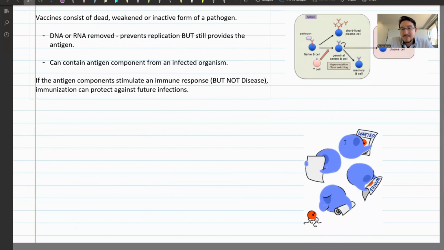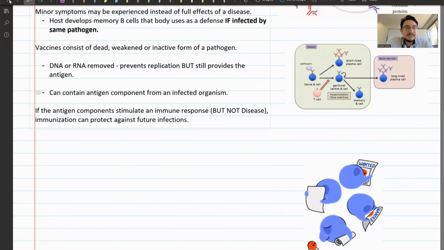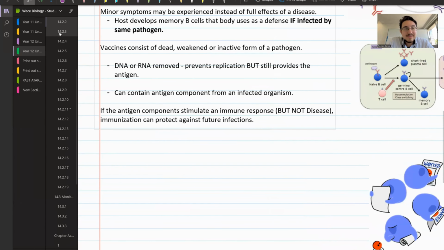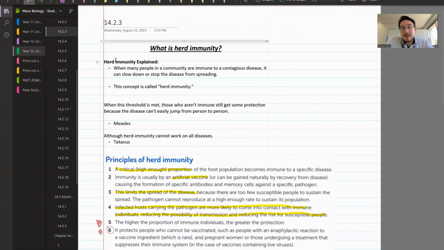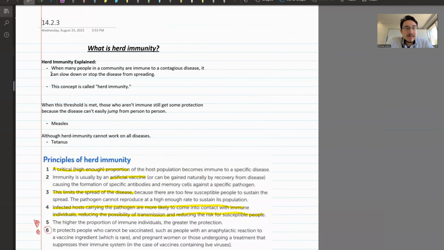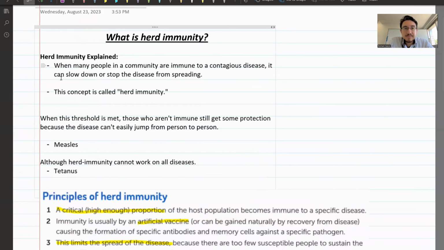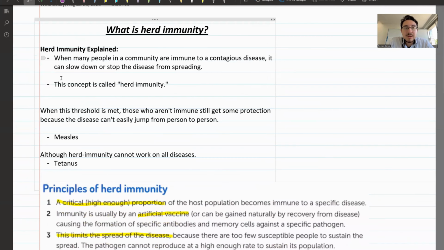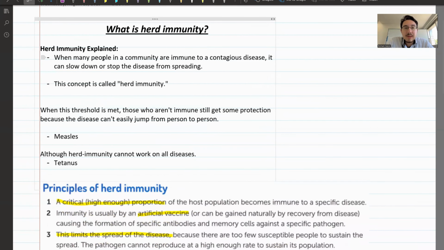So basically, these are your little immune cells, and they're looking for this particular antibody. And this guy's kind of speculating, is this guy really the guy? And then kill him. All right. And then we get herd immunity, right? Herd immunity is basically, okay, I mentioned this before. It's when you get many people in a community or in a population that become immune to a contagious disease, right?